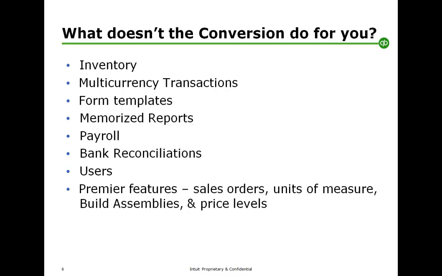The reason is because QuickBooks Online handles inventory using the FIFO method, or first in, first out method. You can contrast that with the desktop version that uses the average weighted cost method. The conversion from one to the other does not go very smoothly, so it's recommended that you turn the inventory off and you start fresh when you go into QuickBooks Online.